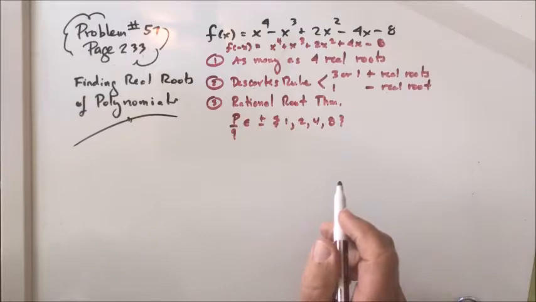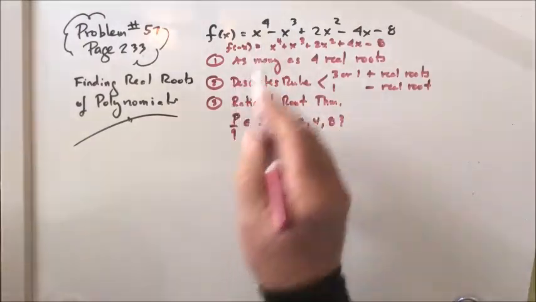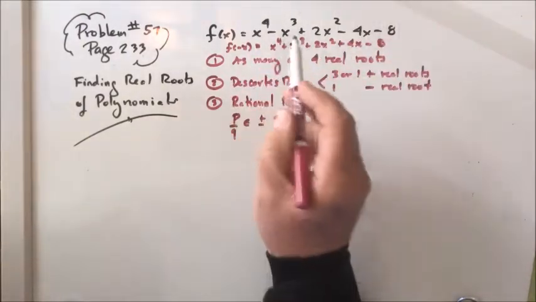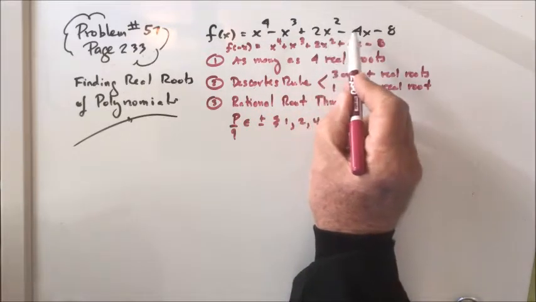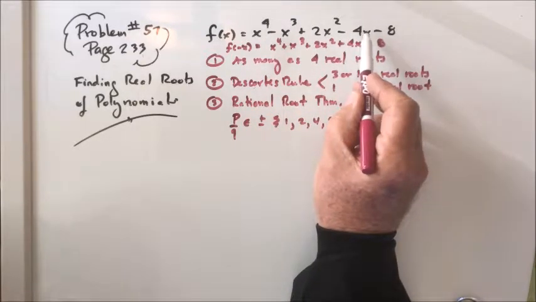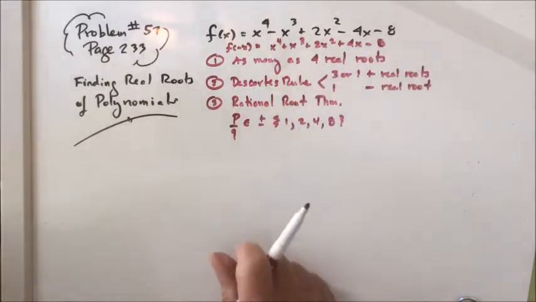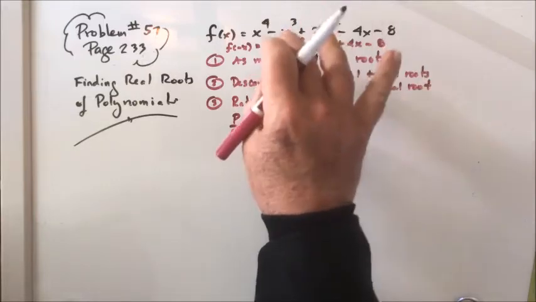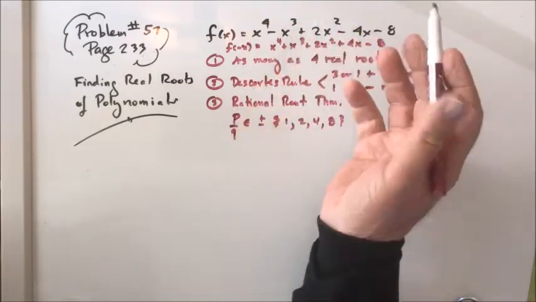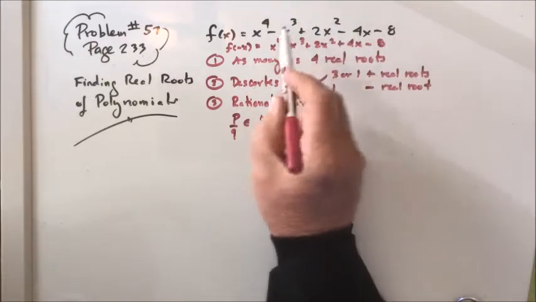And let's see if we can get lucky. If we put in 1 as a guess, x equals 1, we get 1 minus 1 is 0, we get 2 minus 4 is minus 2, minus 8. Sorry, 1 didn't work. But I'm going to try minus 1 because things look close here.